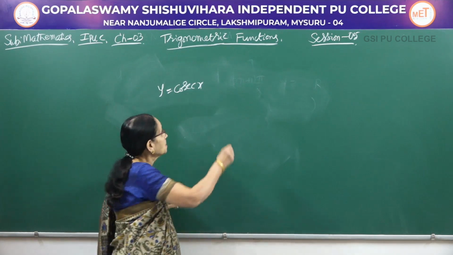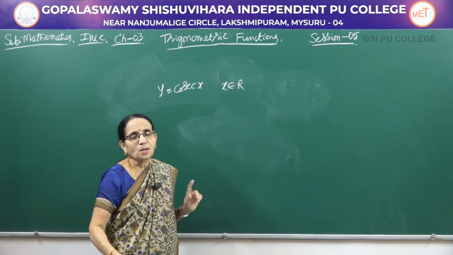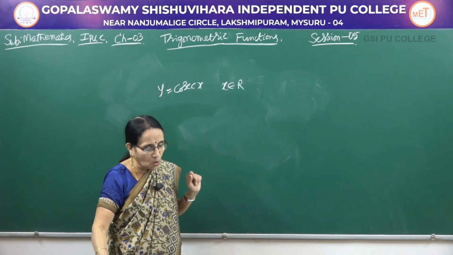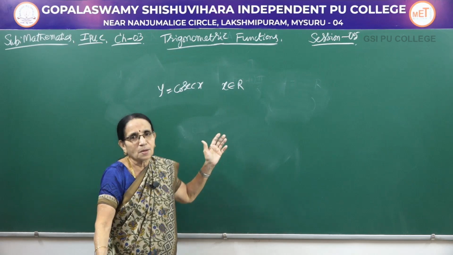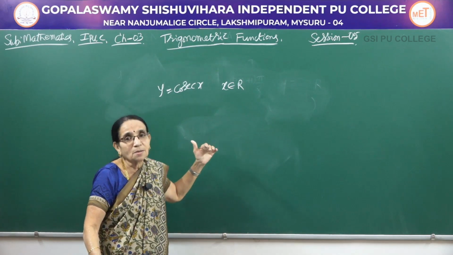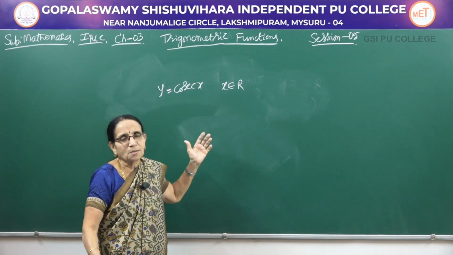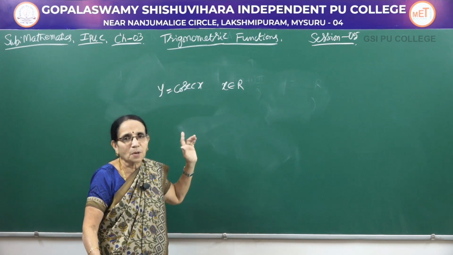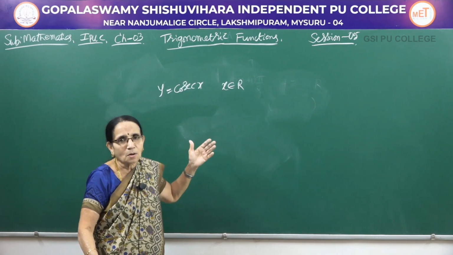Now here again, the domain is x belongs to R. But some values you have to omit. The reason is sin 0 is 0, which we have seen in the previous session. Since cosecant is 1 by sin x, at 0 it becomes 1 by 0, which is not defined. Similarly, sin 180 or sin pi equal to 0 means cosecant pi becomes 1 by 0, which is not defined.